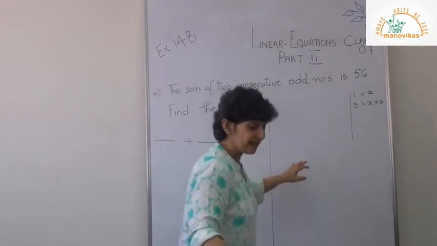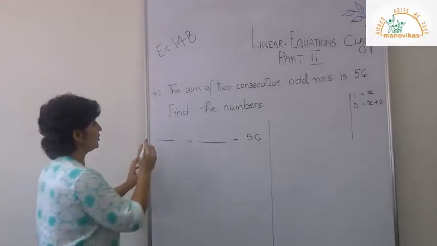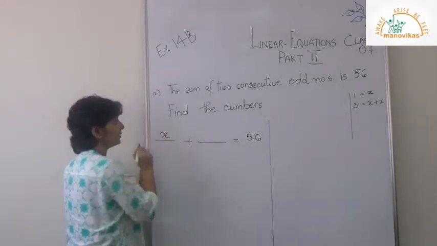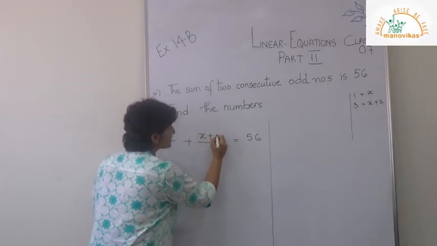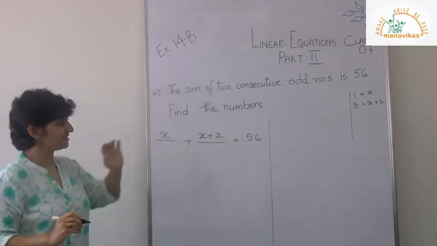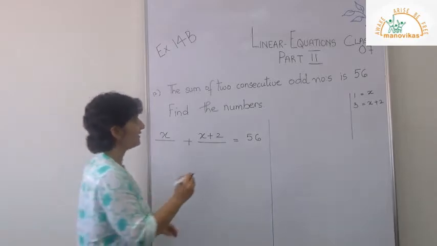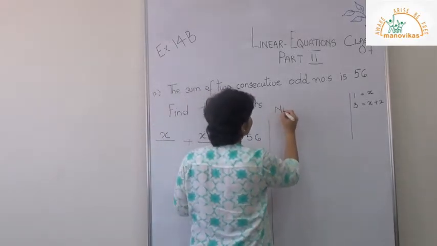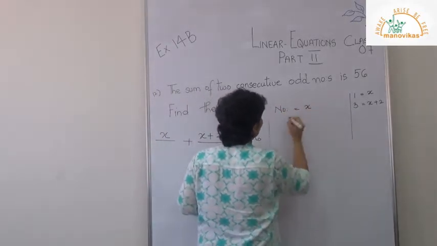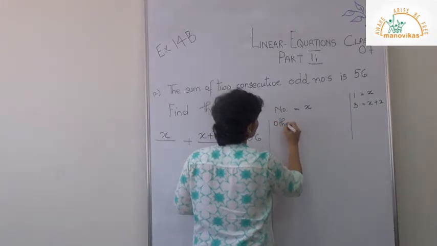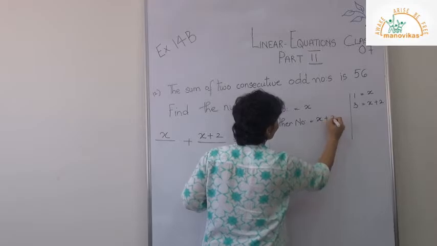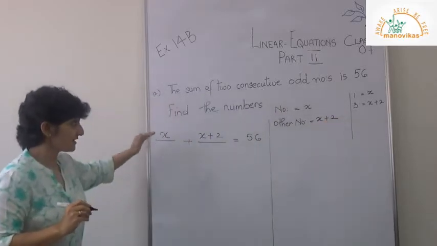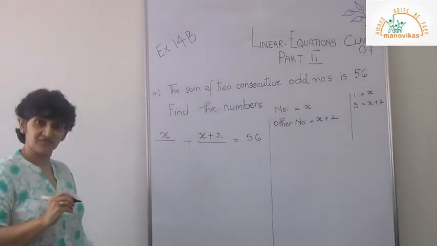So they're saying the sum of 2. So if one number of yours is x, let the other number be x plus 2, which is equal to 56, right? So let one number be equal to x, and then your other number is equal to x plus 2. So they are saying the sum of these two is 56.